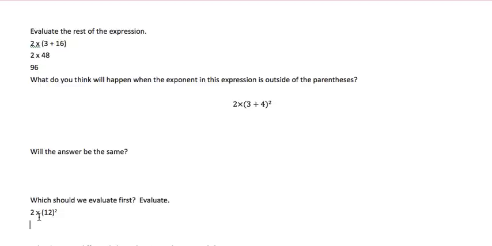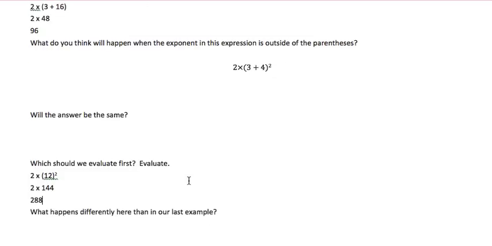So we cannot multiply 2 times 12 before we raise 12 to the second power. What we have then is 2 times 12 to the second power, which is 2 times 144, and our final answer is 288. This is very tricky, and if you don't follow it letter by letter every single time, you can get some very wrong answers.